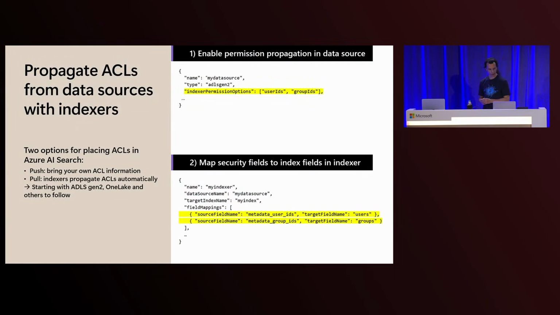And I included here some details for how you configure this. But the important thing to keep in mind is on the index, you create a schema with users and groups. And then if you're going to push content, then you give us the IDs. If you want us to take care of propagating ACL information, then just map the fields on the source that have this information into the target, and we will then enforce this at query time.